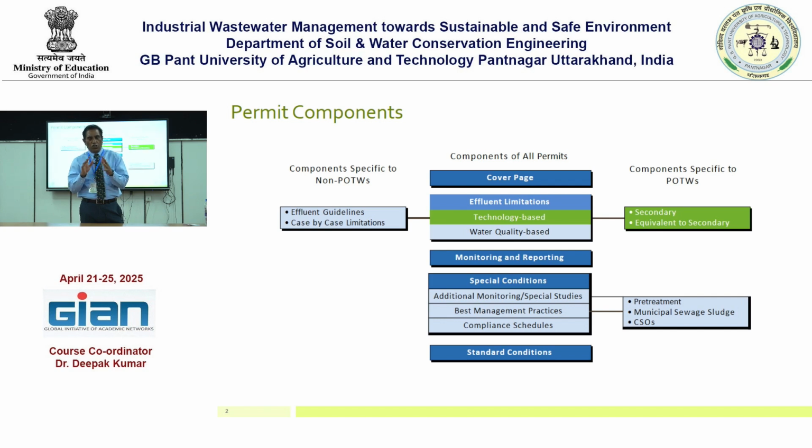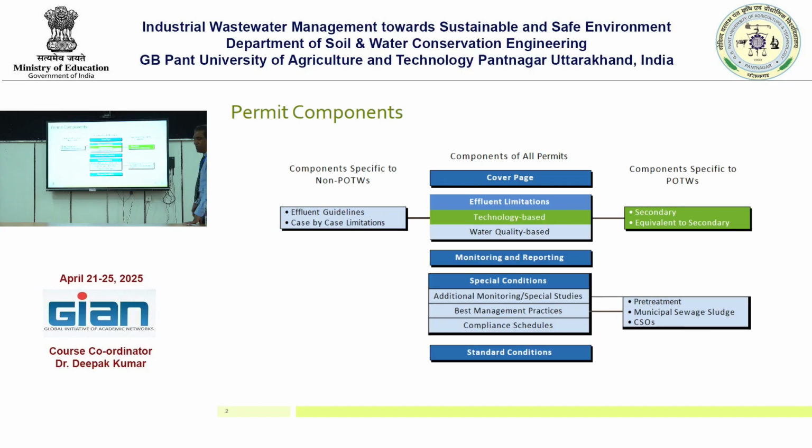And the system should be created in a safe environment, and at the same time it should be sustainable, right? Whatever you design, any treatment unit or treatment system must be sustainable. What are the various components of this?